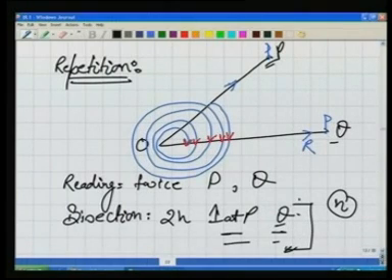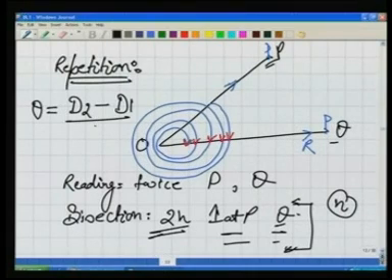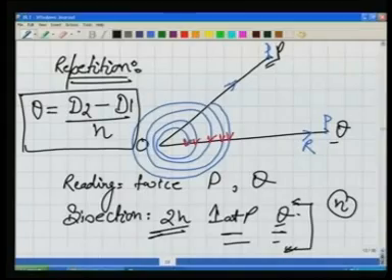So all these bisections are involved, and the total number of bisections is 2n. Now how is it going to affect our angle theta? The angle theta we write here as our final reading d2 minus the initial reading, divided by the number of repetitions that we have done.